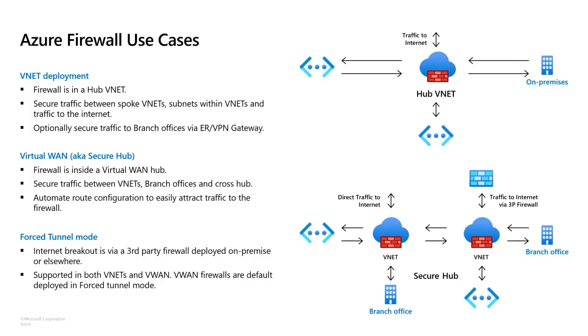It can also be deployed in a virtual WAN secure hub, to secure traffic between VNets, branch offices, and also cross-hub. Additionally, this is the third use case: it supports a forced tunneling mode, where the internet breakout is through a third-party firewall deployed on premise or elsewhere.